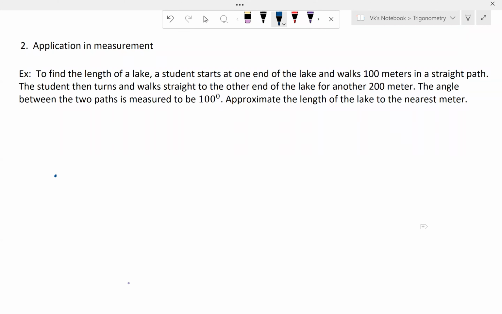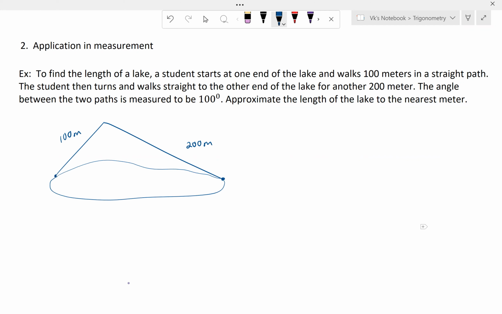Okay. The student begins from here, one end of the lake, walks 100 meters, and then walks another 200 meters to the other end. So this is a lake right here.